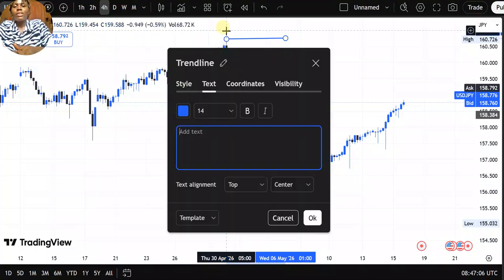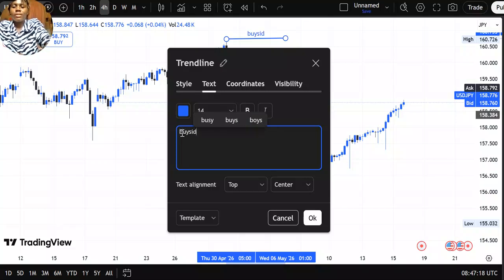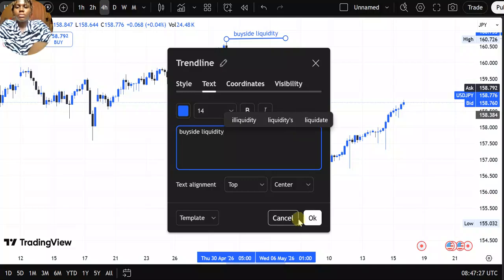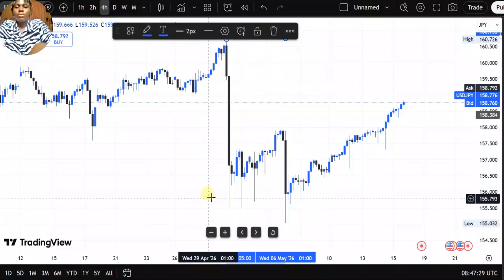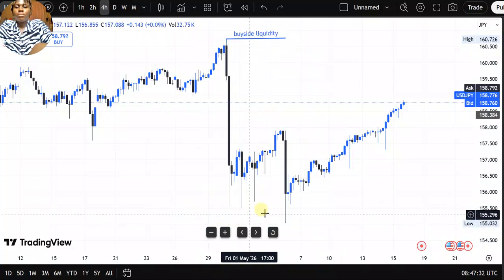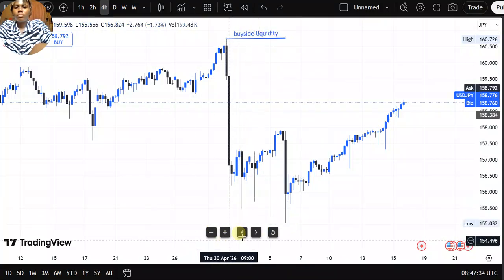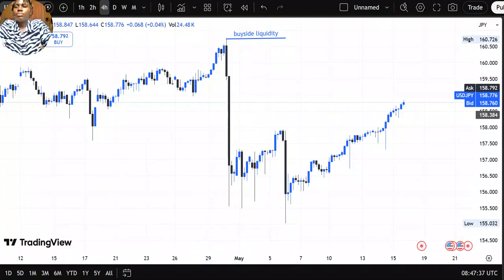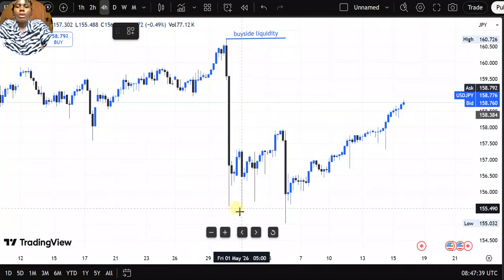So that is the buy side liquidity. And then we'll consider here.